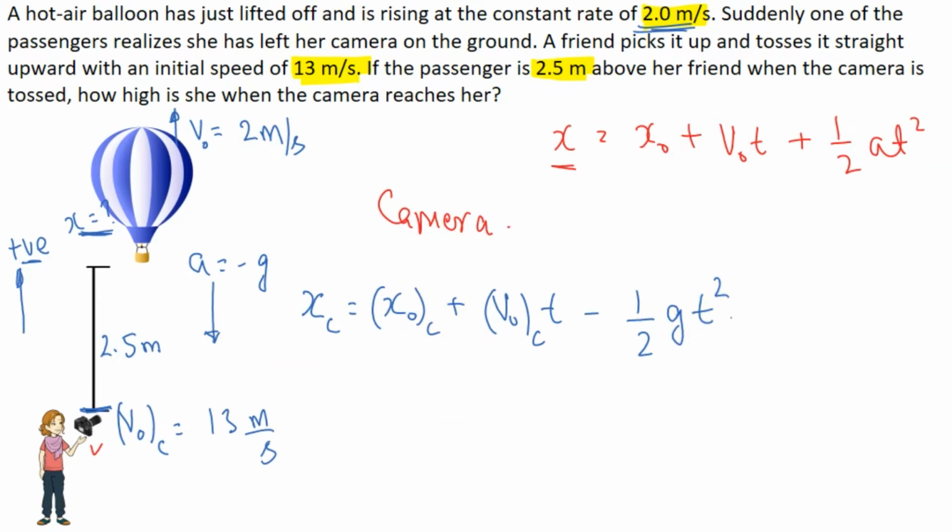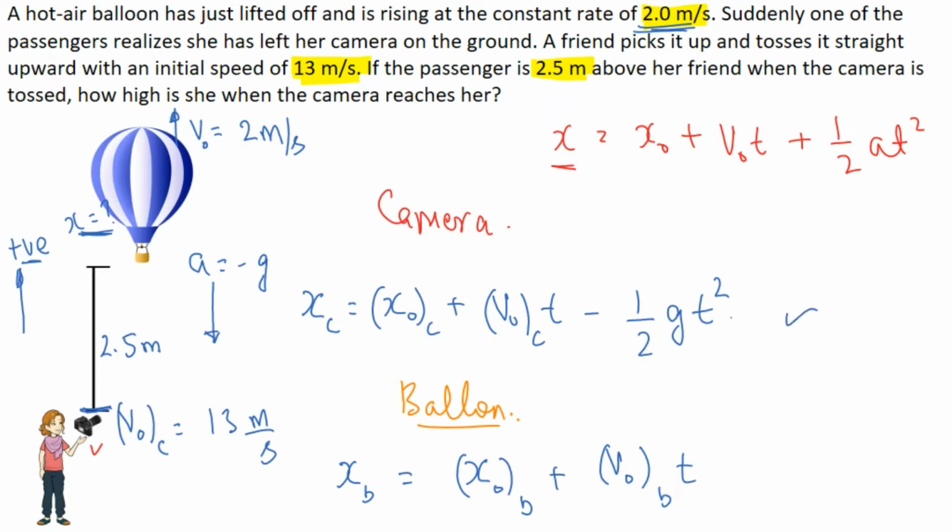Now I'll use this equation for the hot air balloon: xb, the final position of the balloon, is equal to x naught b, the initial position of the balloon, plus v naught b times t plus 1 over 2 a t square. Since the balloon is moving with a constant velocity of 2 meters per second, its acceleration is 0, so this whole term is 0.